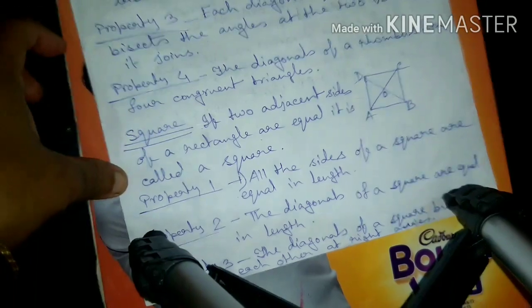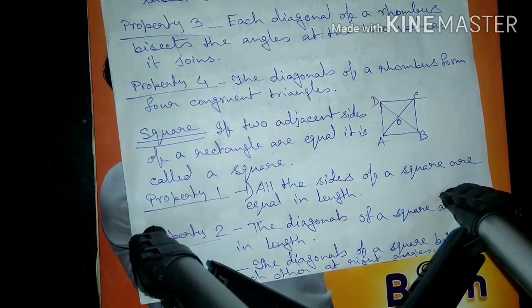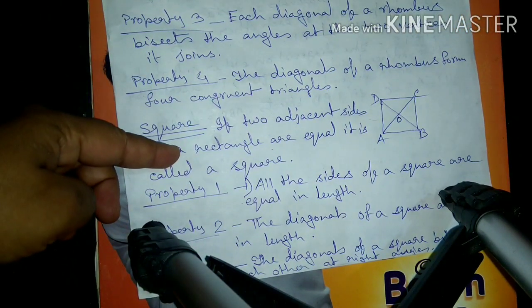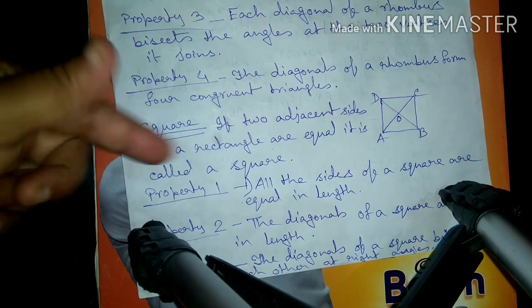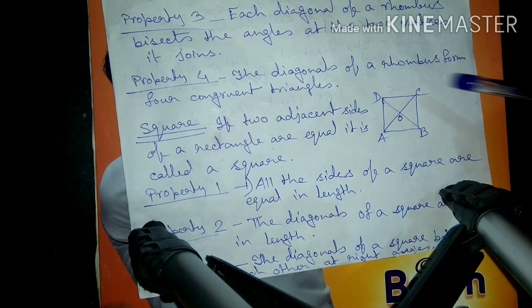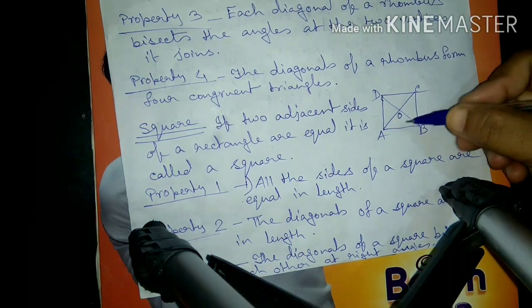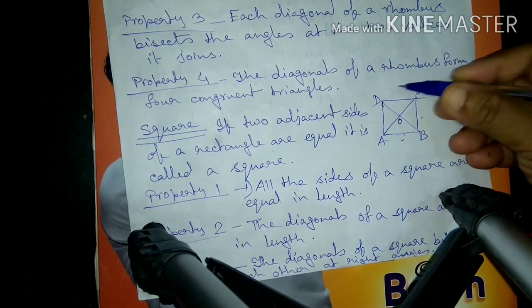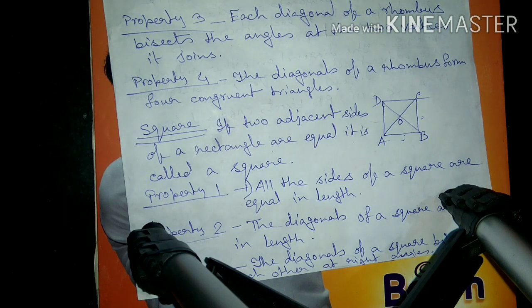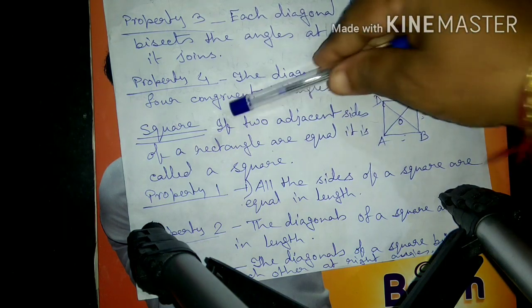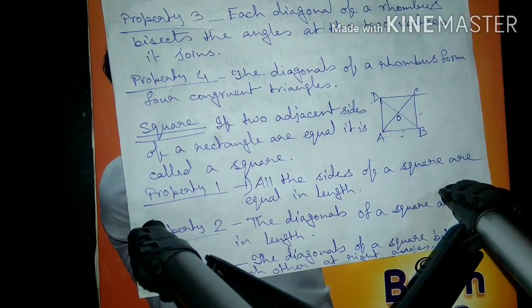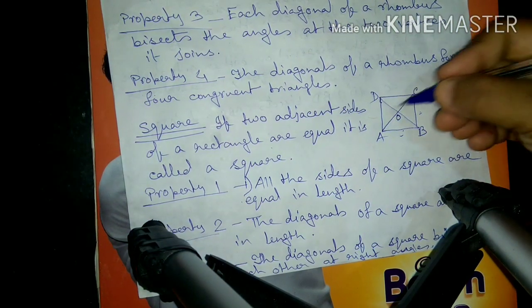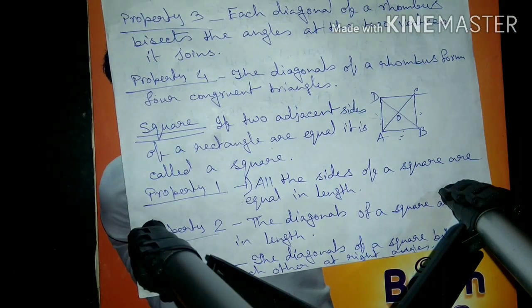Next comes your square. What is a square? A square is also a quadrilateral. It is also a parallelogram. What is the difference between a square and a rhombus? In a square, adjacent sides are equal. So a square is what? If two adjacent sides of a rectangle are equal. Because in a rectangle, adjacent sides are not equal, yes or no?